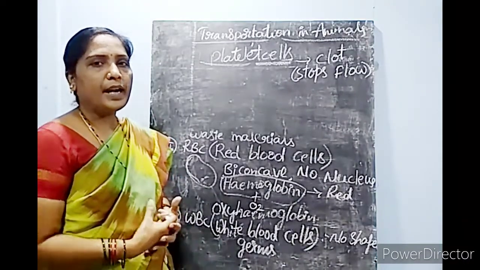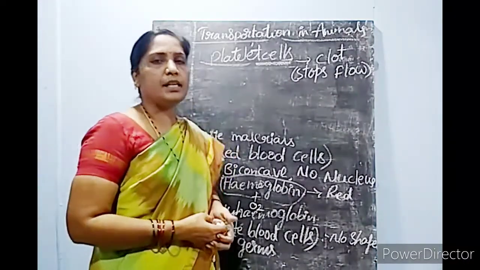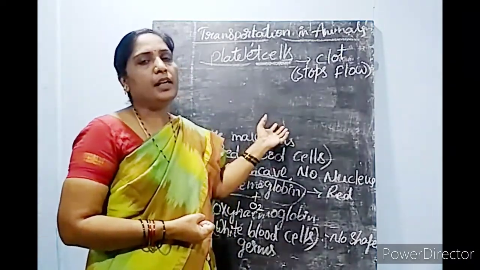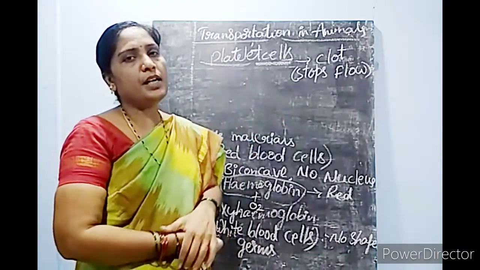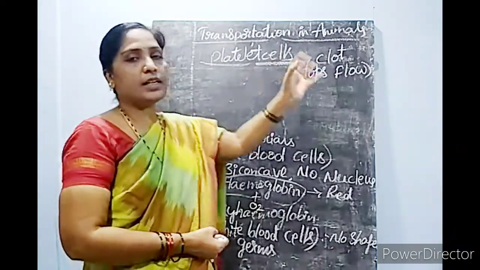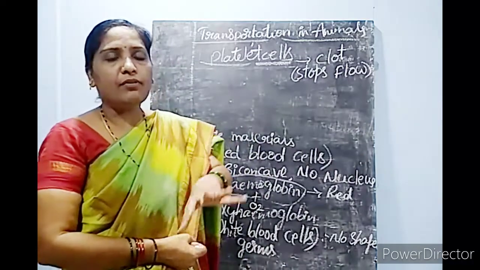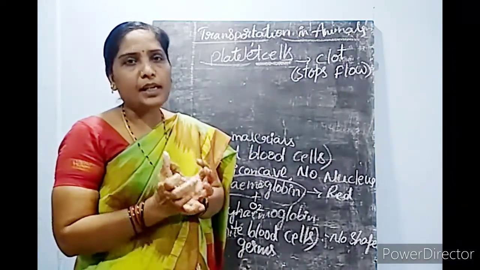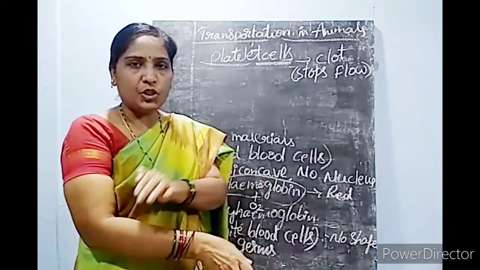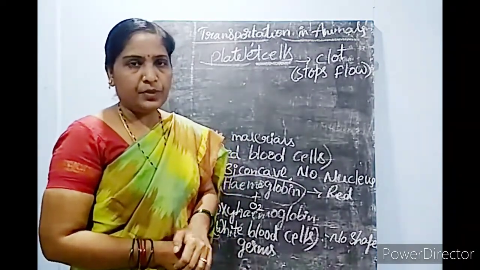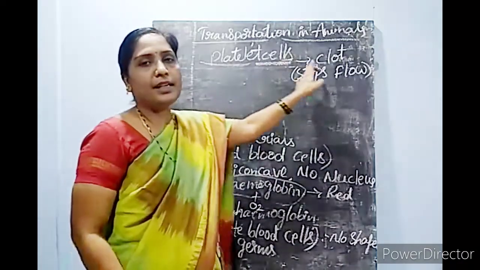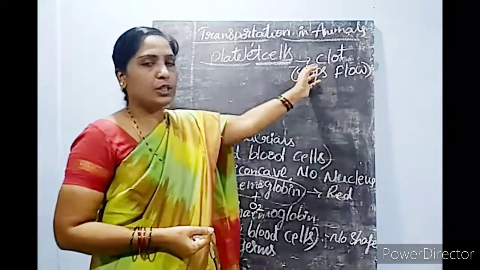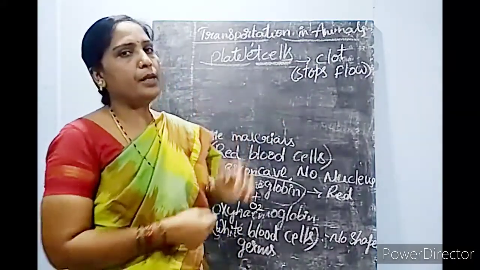Because they have a capacity. Thrombokinase protein is present. Immediately wherever the wounded area is, these cells will rush to that area and form thread-like structures, like a net shape, and they stop the flow of blood. In such a way, the platelets help to stop the flow of blood, known as clotting. They help in the clotting process.